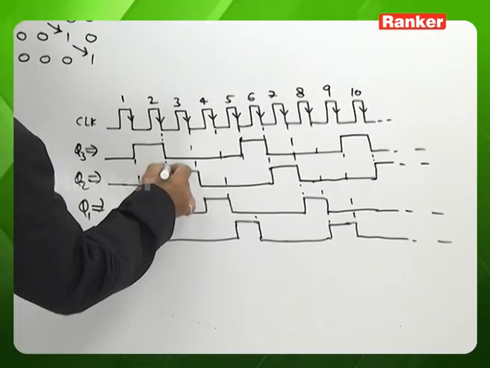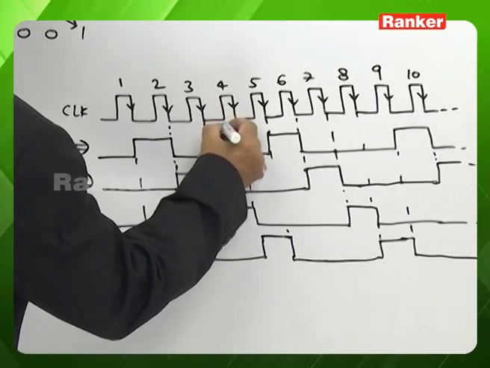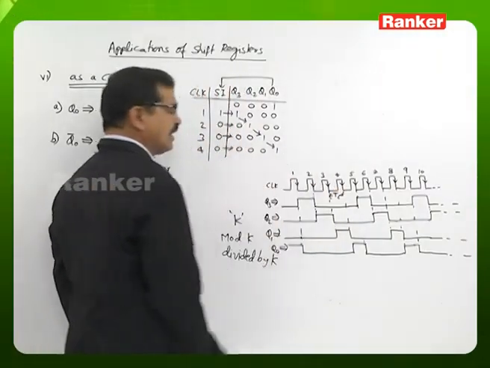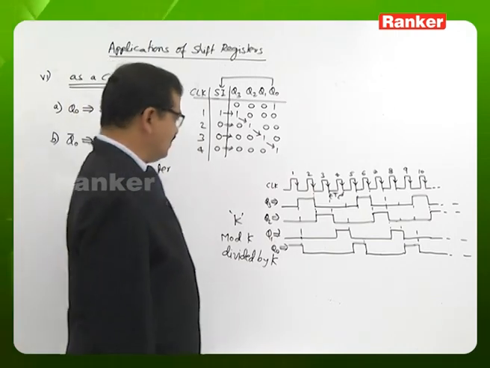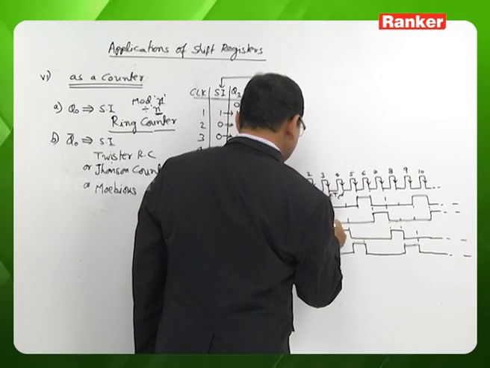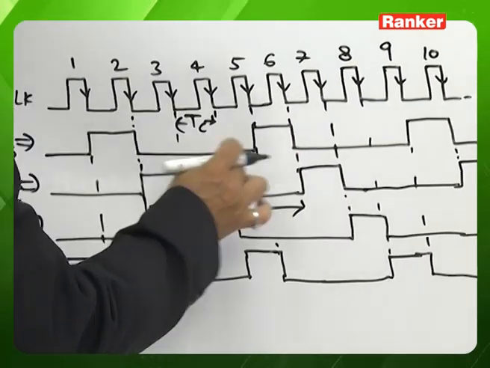From this figure, let us look at the repetition time of the flip-flop outputs. Assume the clock repetition time is Tc. If we look at the repetition time of any flip-flop output, we count 1, 2, 3, 4.